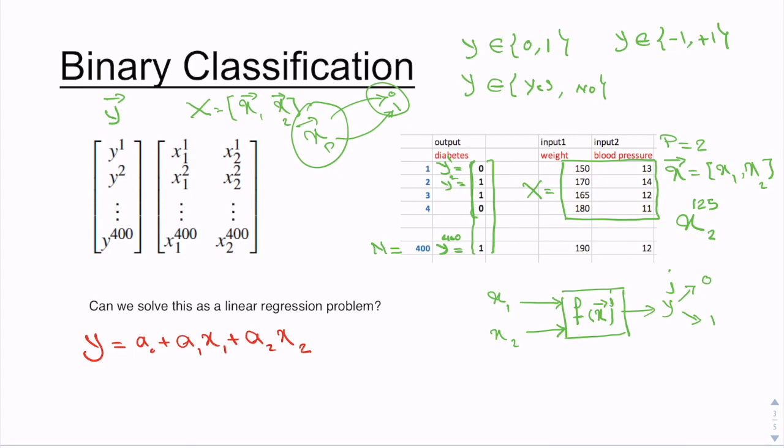So if it can be solved as a regression problem, I have the inputs, I have the outputs for labeled data. I can solve and then find a0, which is the intercept, and then a1 and a2 are the coefficients of linear regression, and then I can estimate the output as we discussed for linear regression.